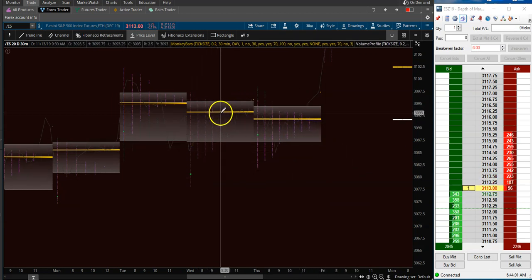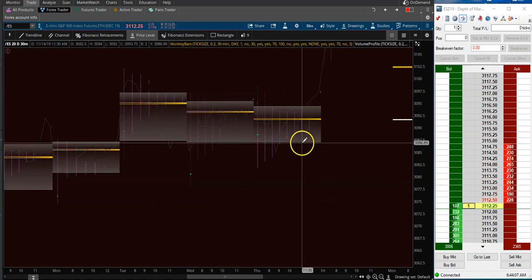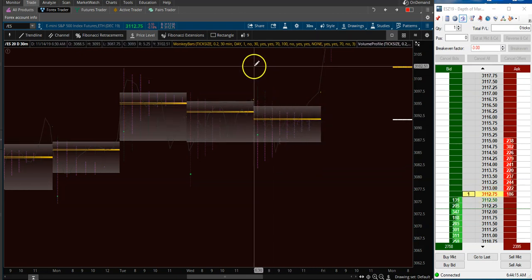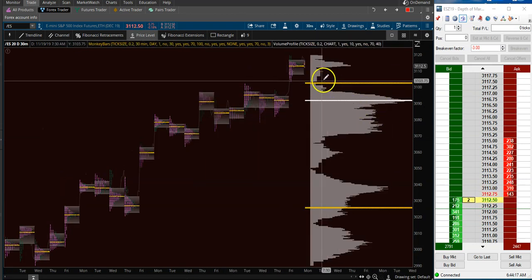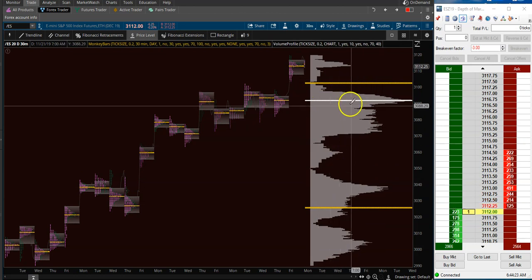You also have your point of control right here, which is the yellow line, and the shaded area is your value area high and value area low, where 70% of all the volume is traded within those levels. Over here, same thing, value area high, low, so 70% of all the trading is here, and the white line is your point of control.